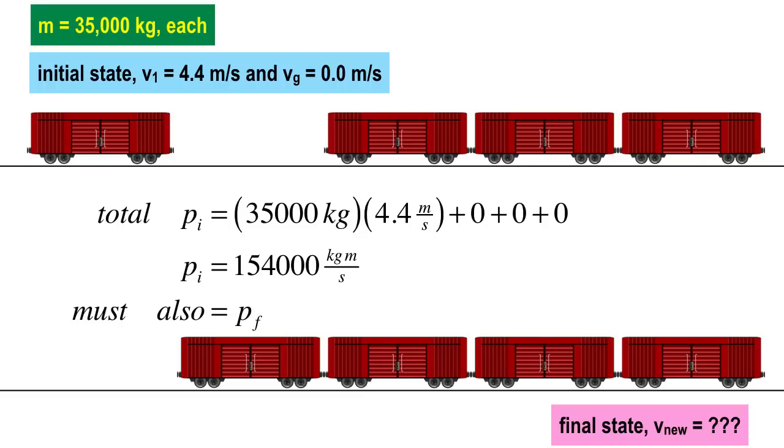Now, I'm going to ask you a question on your I clicker. So go ahead and write down PF equals PI, whatever it happens to be, 154,000 kilogram meters per second. In reality, boxcars are not going to be exactly the same size, but we're doing this just for conversational purposes. It might be a little trickier if they're all 4 different, but we can work with it.